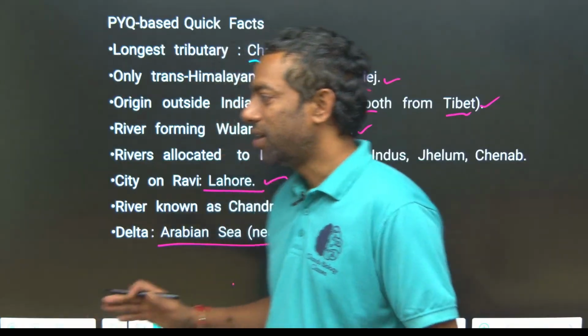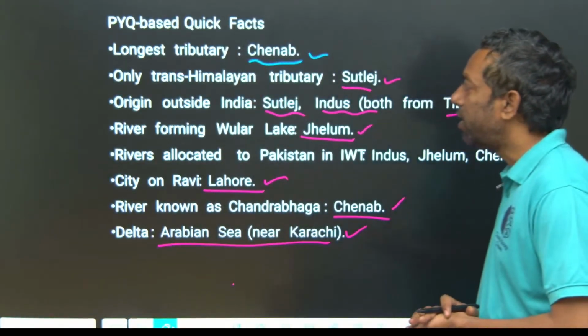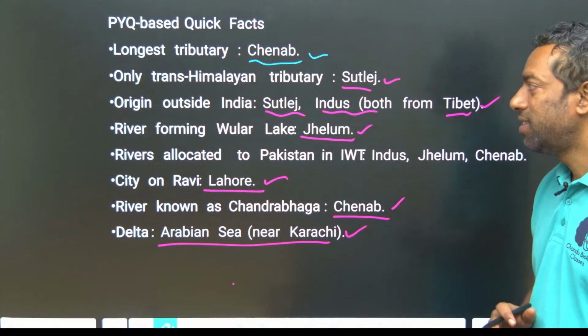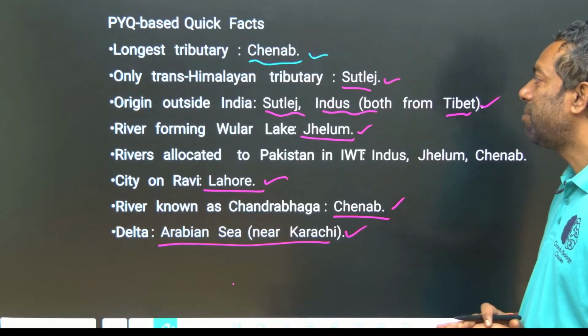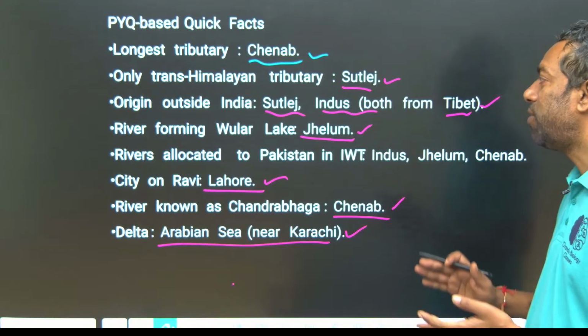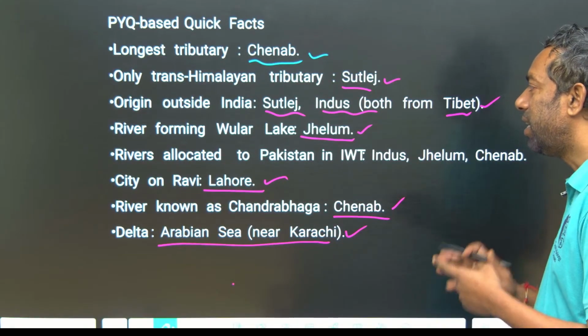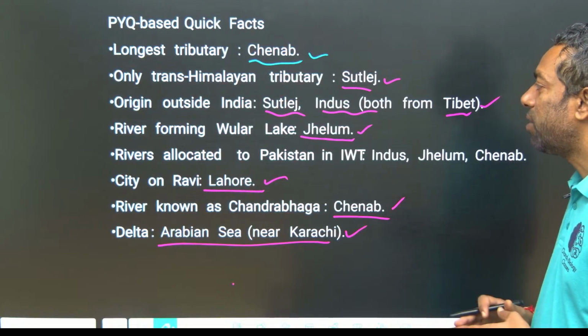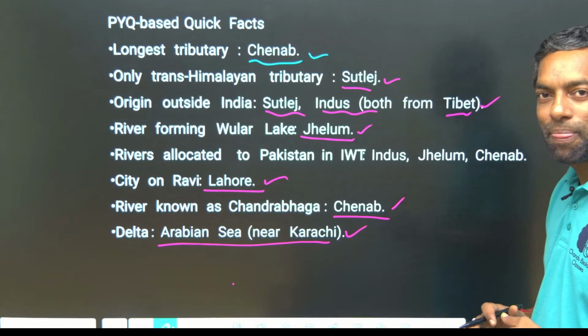Look here: the longest tributary of Indus is Chenab, and the only trans-Himalayan tributary is Satluj. The origin outside India is for Indus and Satluj both. The river forming Ular lake is Jhelum.